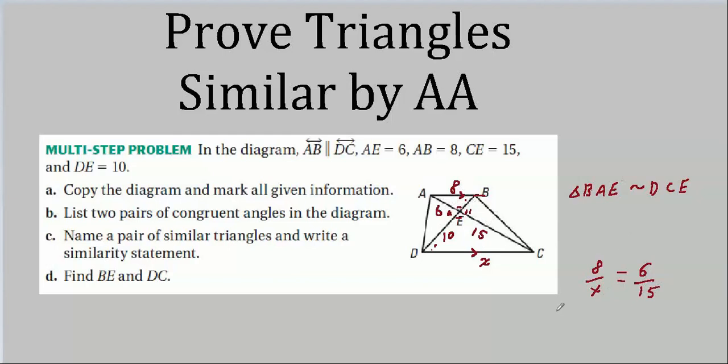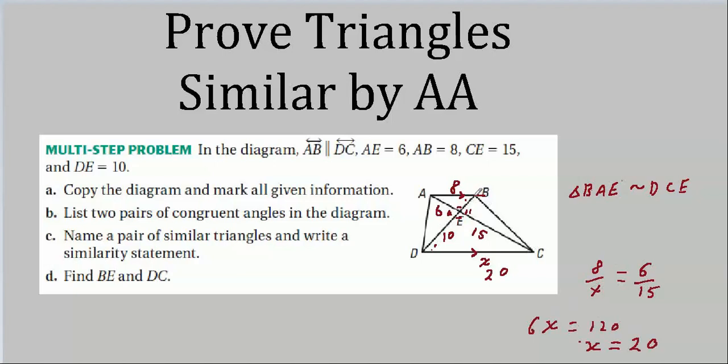And that gives us that 6x. And if we just go ahead and do the algebra, 8 times 15 equals 6 times x. So we get 120 equals 6x, or x equals 20. That was DC. Now we can do the same thing up here. Didn't they ask for BE?